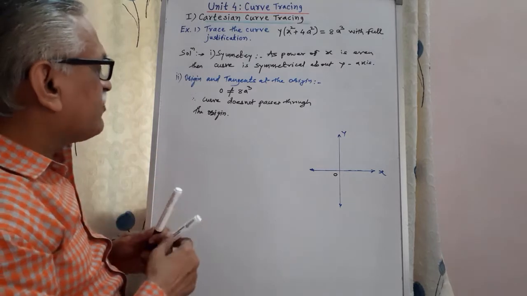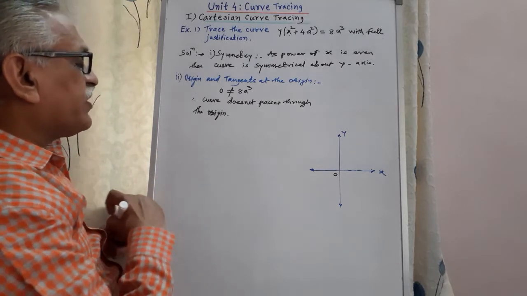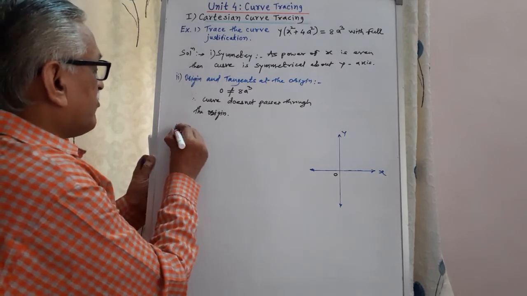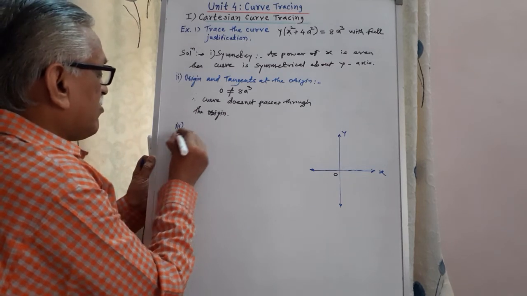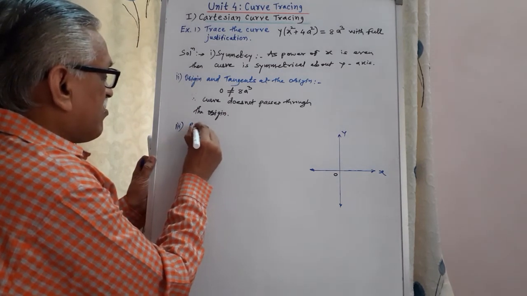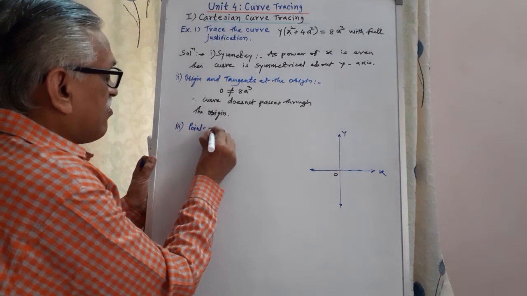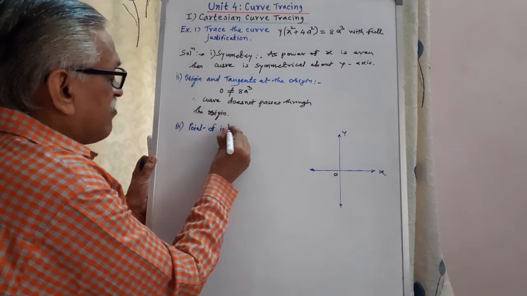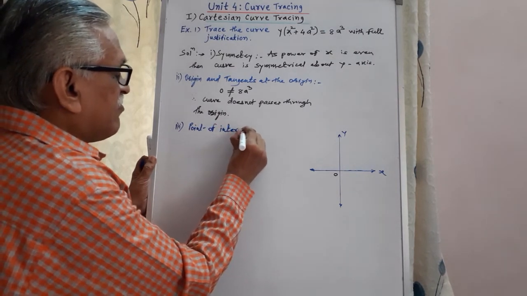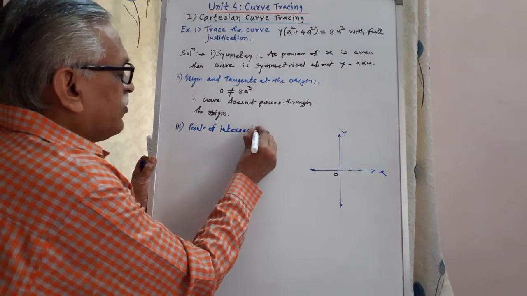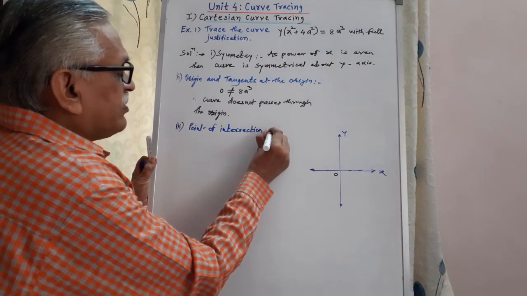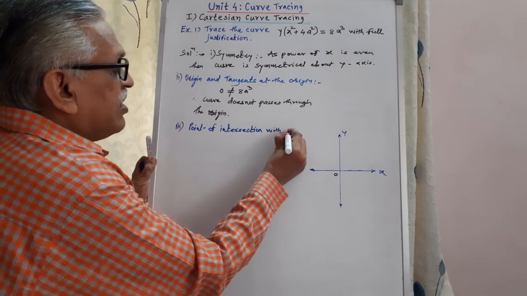Then we go for the third point, point of intersection with axis.